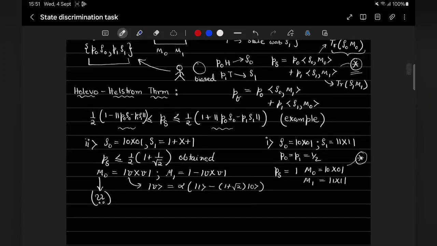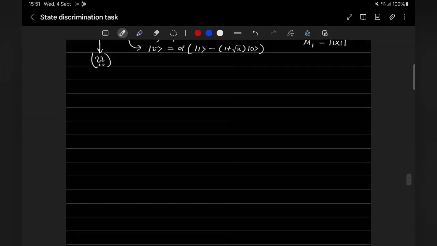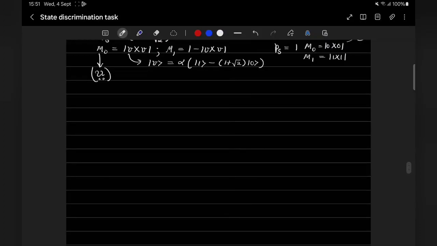theorem. So I hope the theorem is clear, and we can write the theorem in a better fashion if we perform some simplifications. So the simplification is, suppose P0 and P1 both are half.